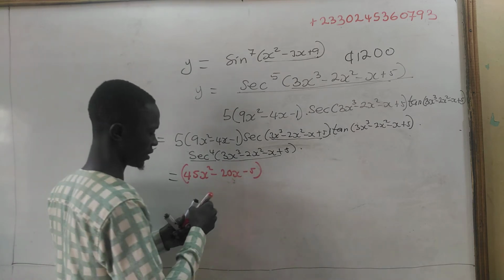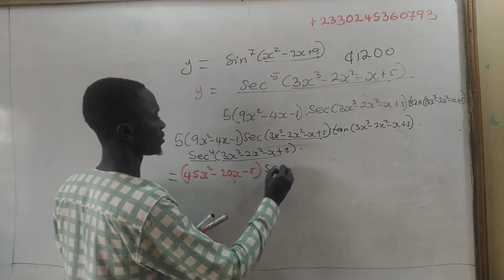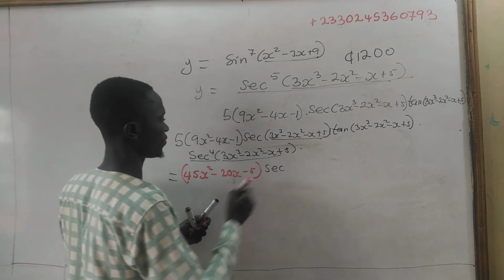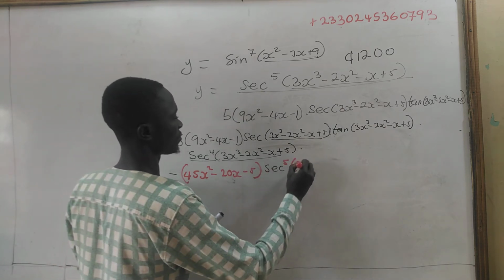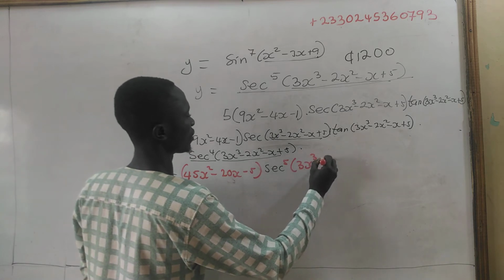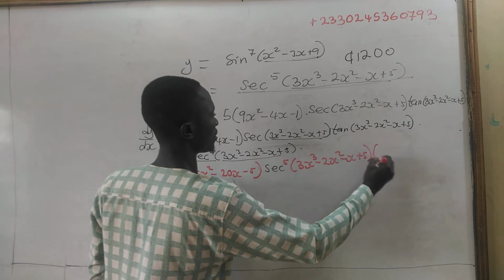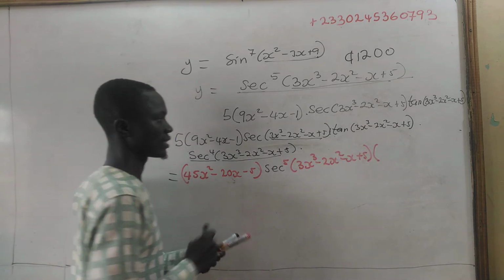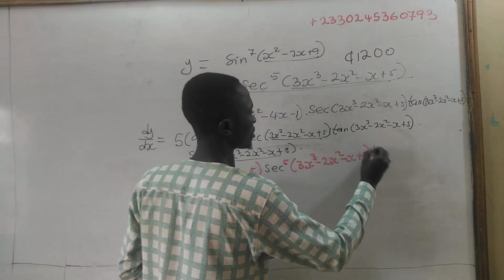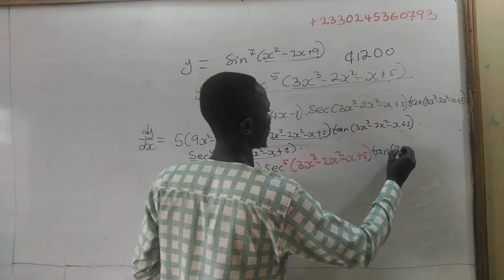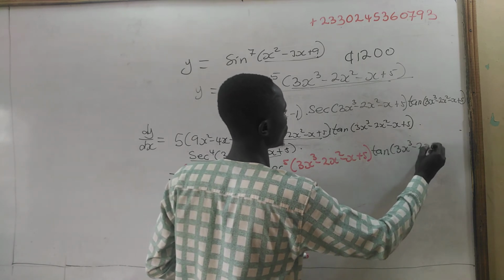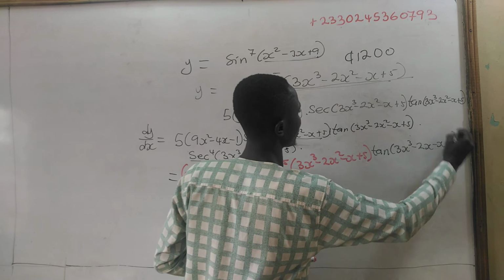Then we have secant to the power 5, 3x cubed minus 2x squared minus x plus 5, then times tangent, 3x cubed minus 2x squared minus x plus 5.